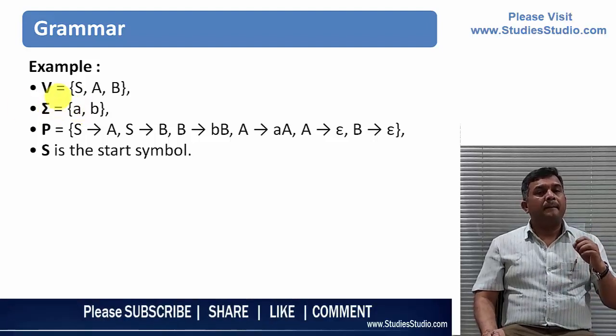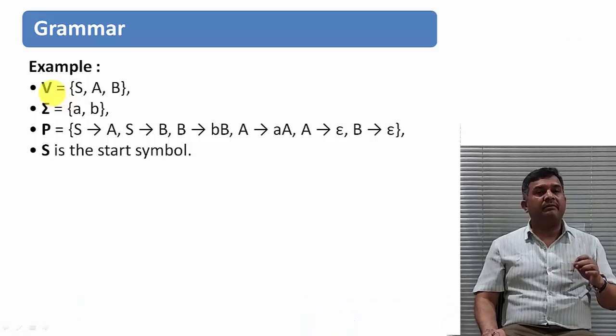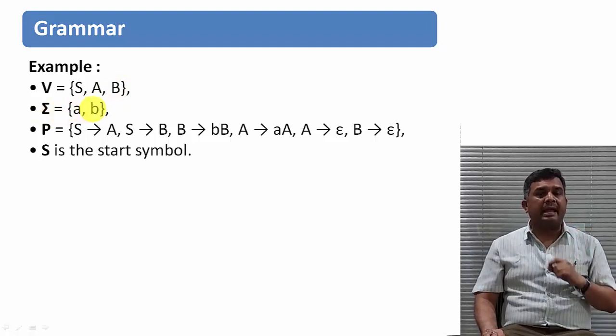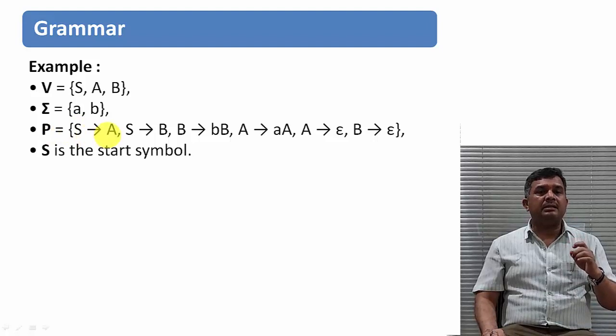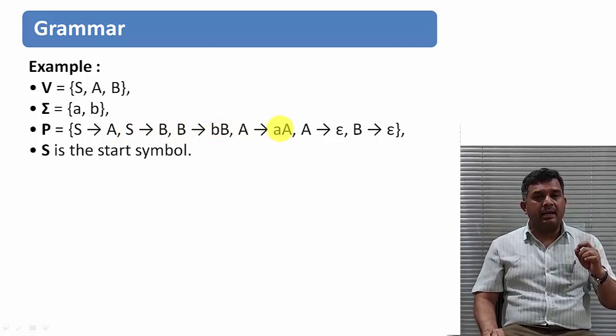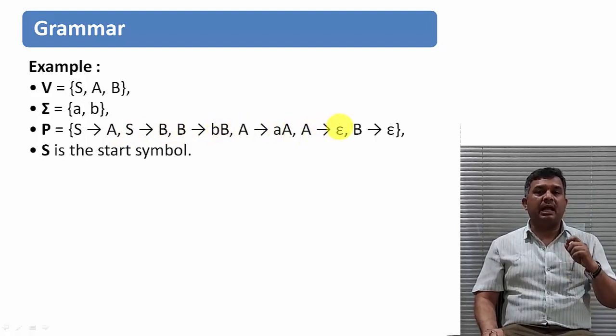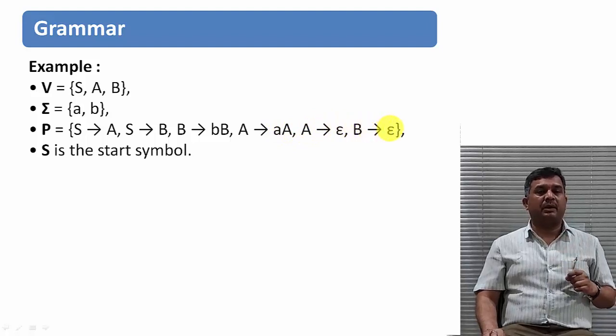Let us say my grammar has V, T, P, S. V contains the variables S, A and B. Sigma contains the terminal symbols a and b. P contains the production rules, that is S derives A, S derives B, A derives AA, A derives a, A derives epsilon and B derives epsilon.